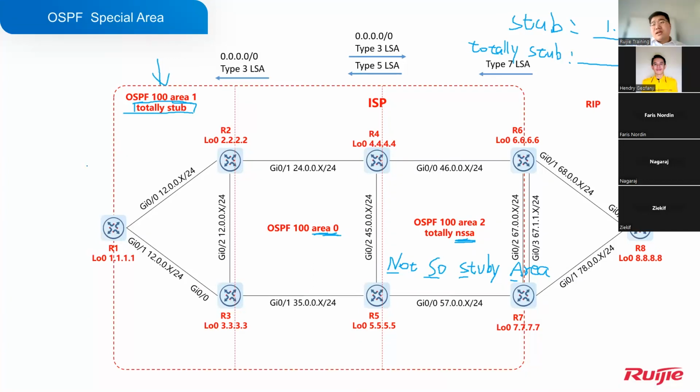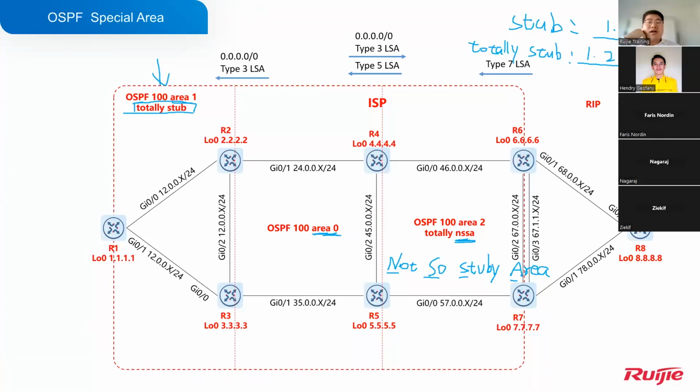Here I want to ask, if totally stub area rejects type 3, 4, and 5, it means that there could only be 1 and 2. Do you think it is correct or incorrect?